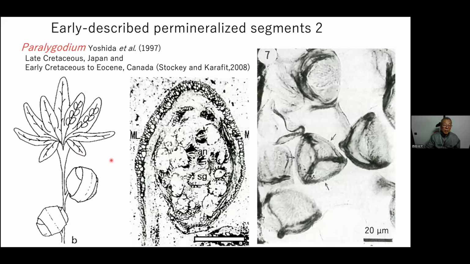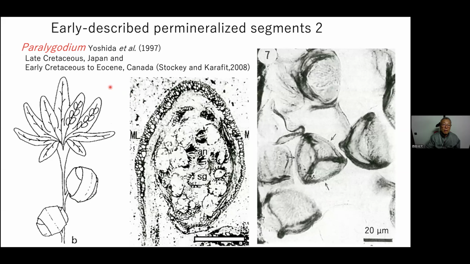And each segment recurves to protect the sporangia like this. And the spores are 40 micrometers or so, and the surface is rather flat without very fine typical structure.